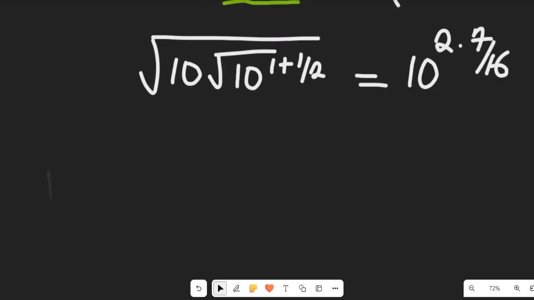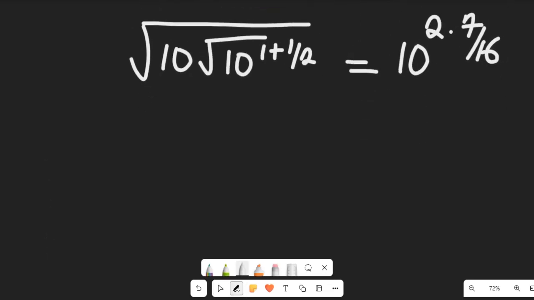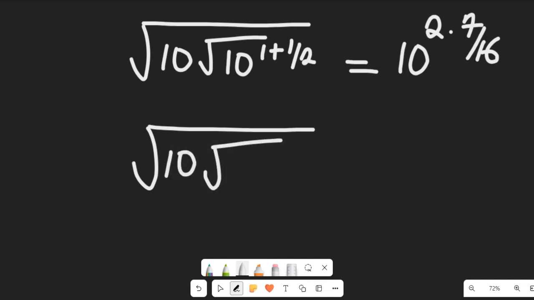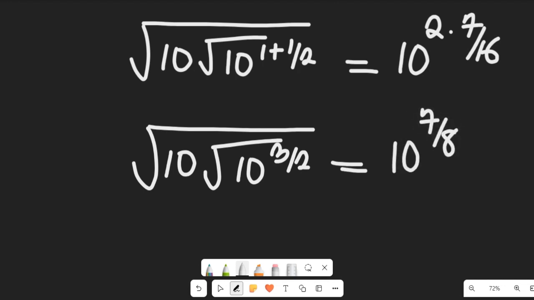So that expression will automatically give us 10 to the power of 2 multiplied by 7 divided by 16. So while we reduce this expression, it will now give us the total square root of 10 multiplied by the square root of 10 to the power of 3 divided by 2. Good. Now from this expression, this is automatically equal to 10 to the power of 7 divided by 8, because 2 here, 1, 2 here will give us what? 8.